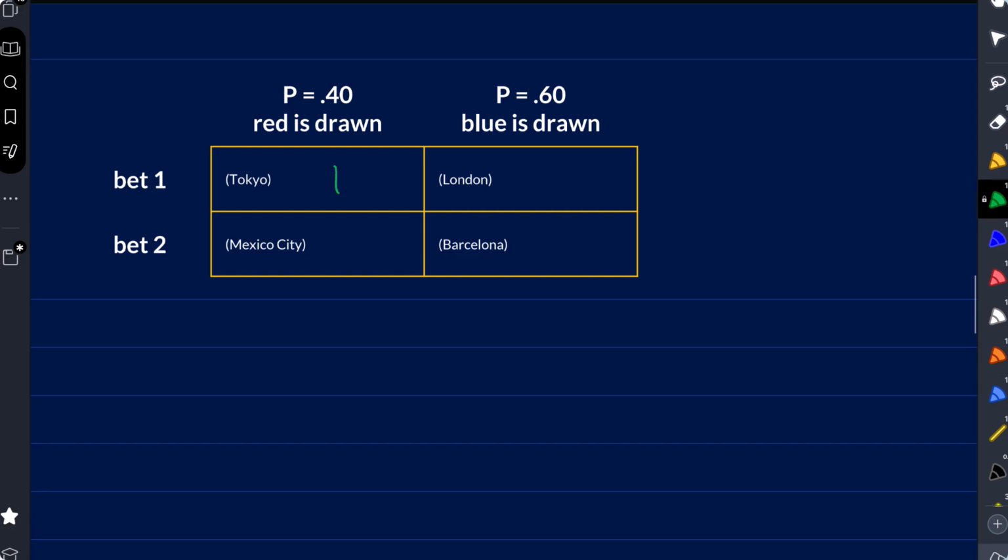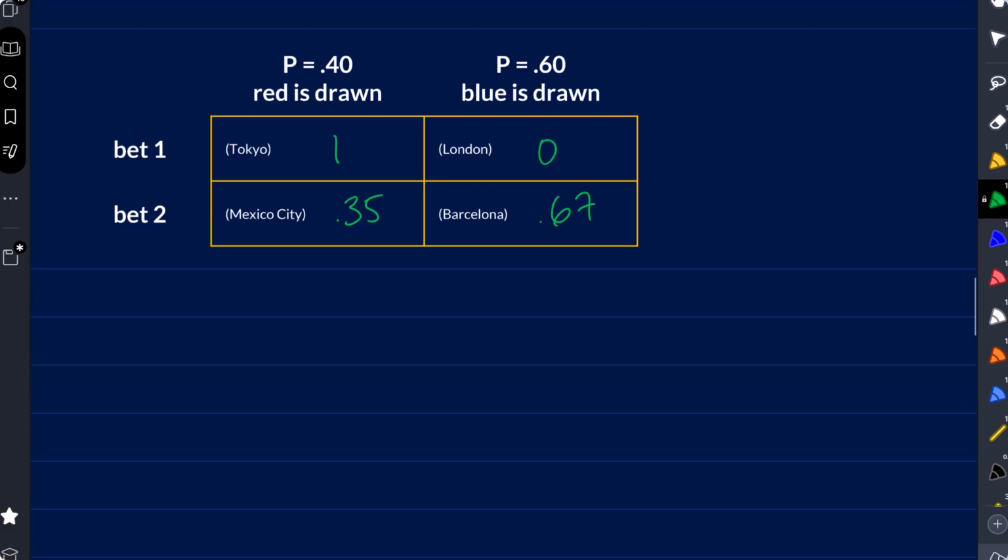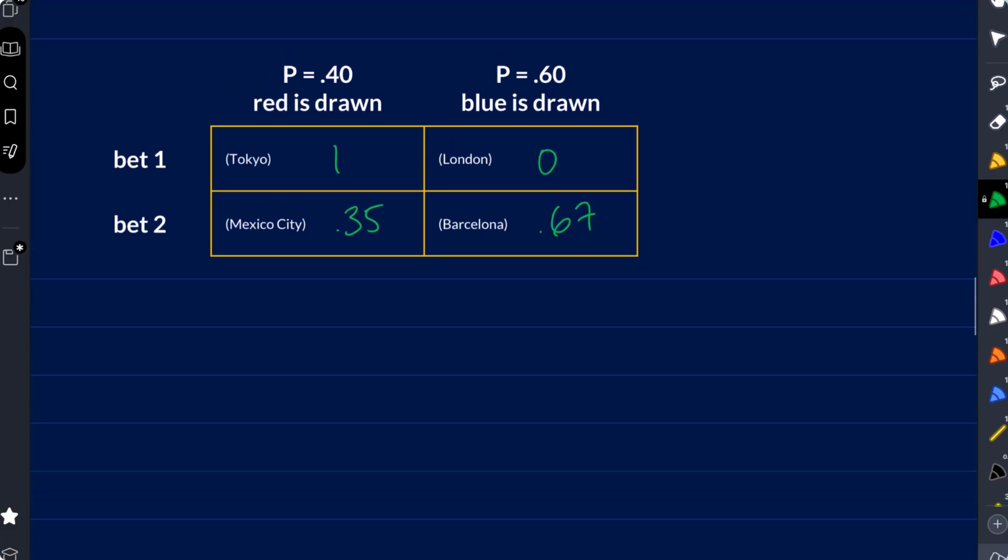Tokyo was 1, London was 0, Mexico City we just found was 0.35, and Barcelona, again, this is all for me, is 0.67. Once I have the outcomes represented in terms of their value to me, in terms of my utility values, I can calculate the expected utility for each option.